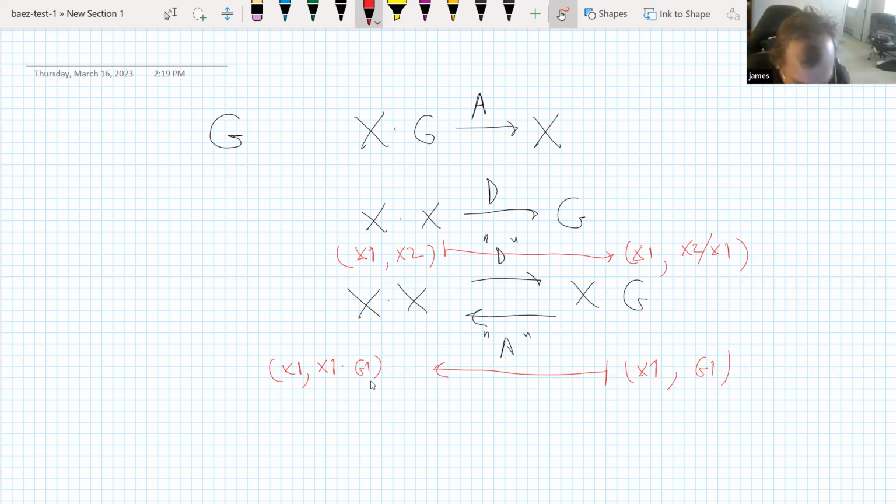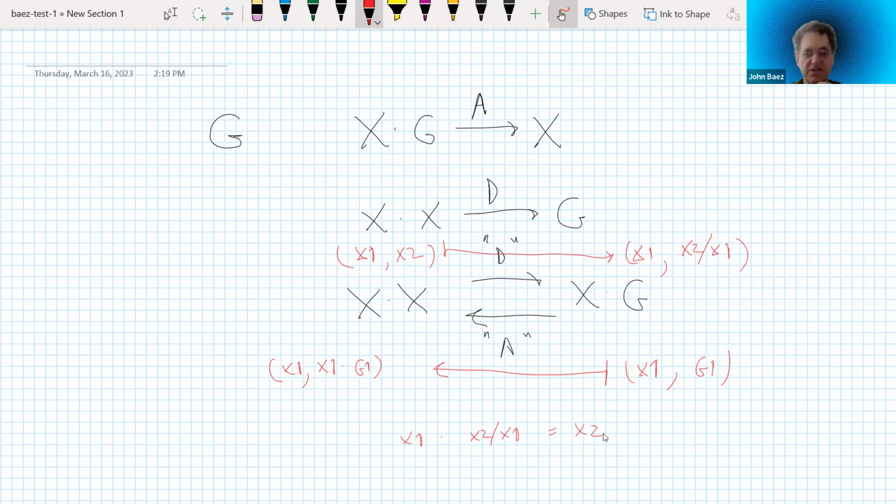Say that again. What are you saying? To get these to be inverses, you need this equation, which is X1 times X2 over X1 equals X2. That's in one direction. You can do the other direction.